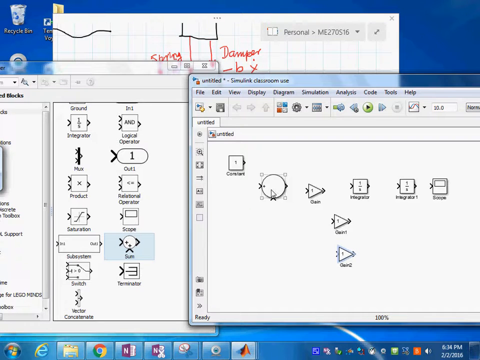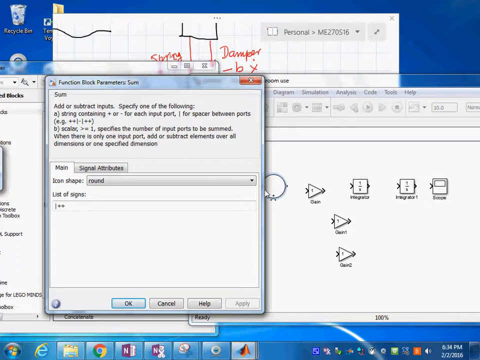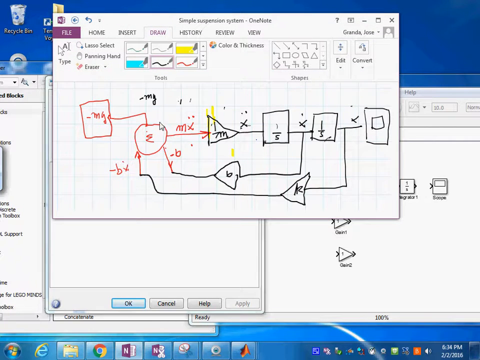In this particular case, we need to put the correct number of inputs and outputs. See how many we have? We have 1, 2, 3, and 4.